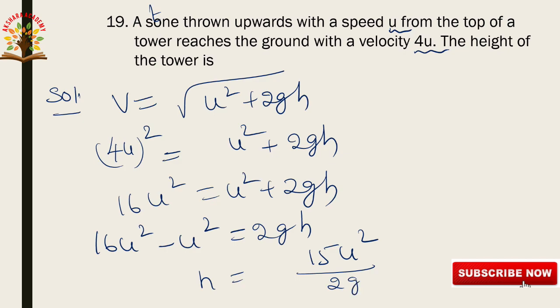So this is the height of the tower. Therefore h, the height of the tower, is 15u square by 2g. This is the final answer. Next we will go to the next question.